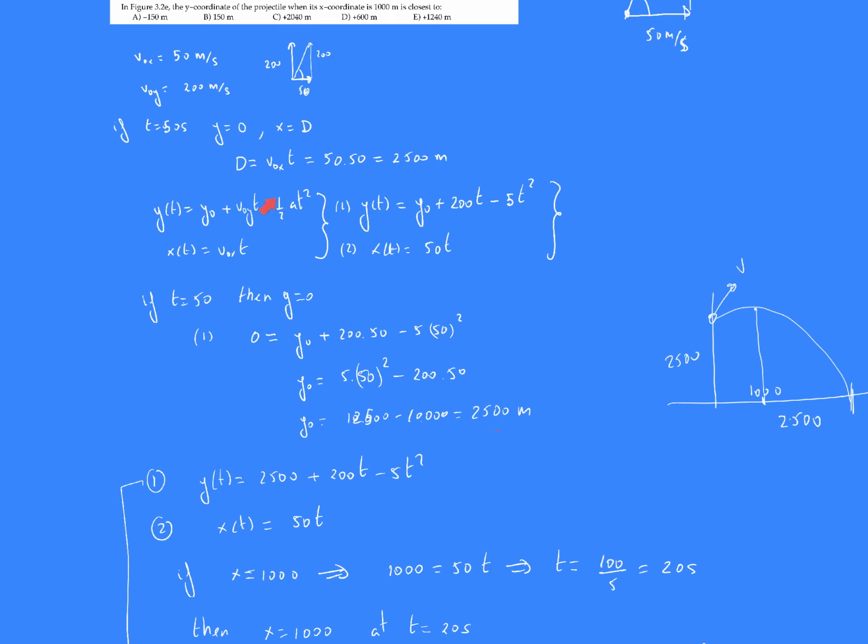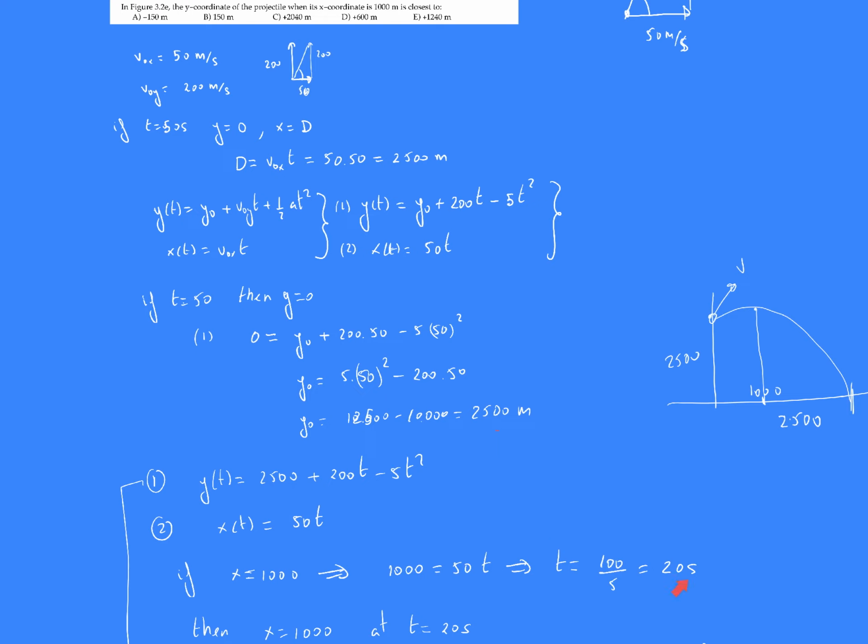And the x is 50 times t. If x is 1,000, I plug in 1,000 here, so 1,000 equals 50 times t, and t will be 20 seconds.